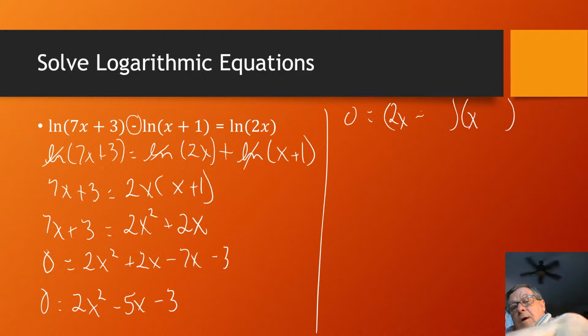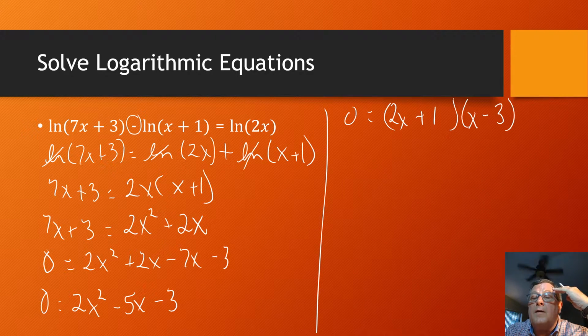I think this is going to be 2x plus 1 times x minus 3. Let's multiply that back. 2x times x is 2x squared. 2x times negative 3 is negative 6x. 1 times x is positive 1x, so negative 6x plus 1x is negative 5x, and plus 1 times negative 3 is negative 3.